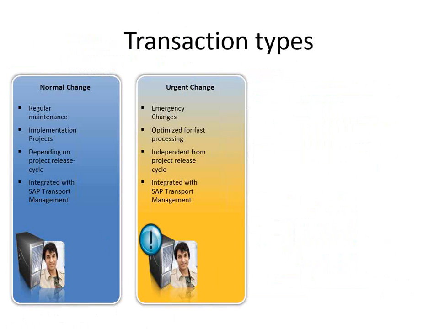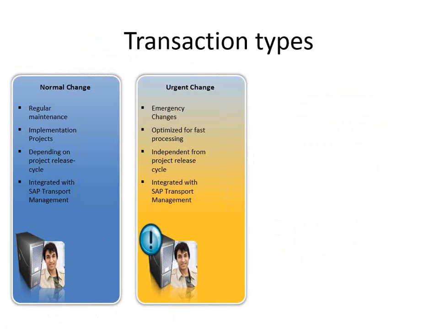We will cover the normal change, what is normal change and what is urgent change, how to implement the normal change and how to implement the urgent change. The concept is simple: everything should go from development to QA, QA to production.